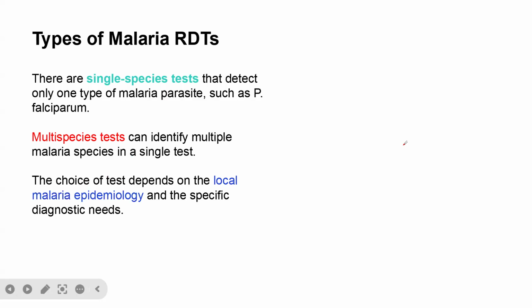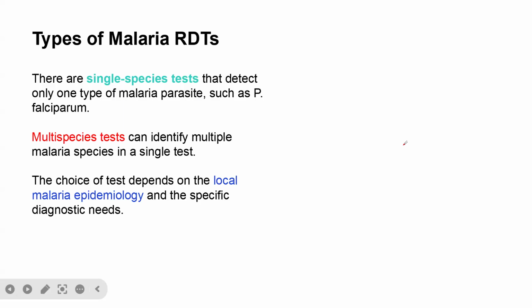So the choice of the test depends on the local malaria epidemiology and the specific diagnostic needs. For example, if you are targeting only Plasmodium falciparum, then you can use a single species RDT kit. And if you want to detect multiple species, then you can use multi-species RDT test kits. It depends on the local epidemiology, that is, the prevalence of the malaria parasite in the area.